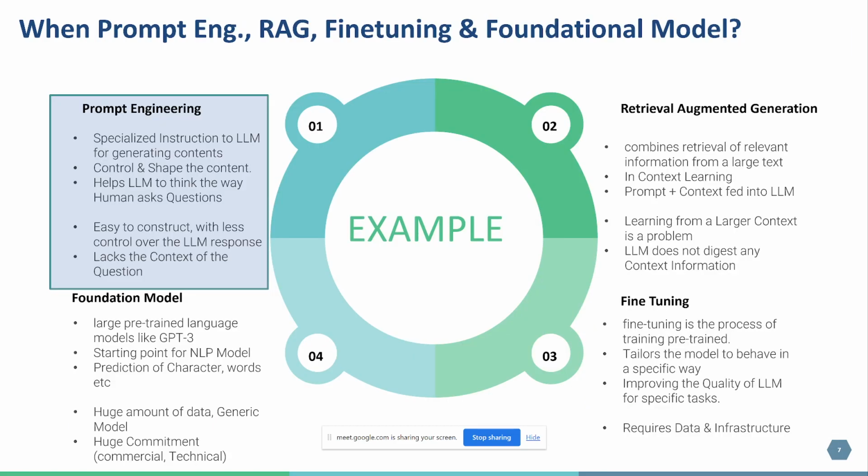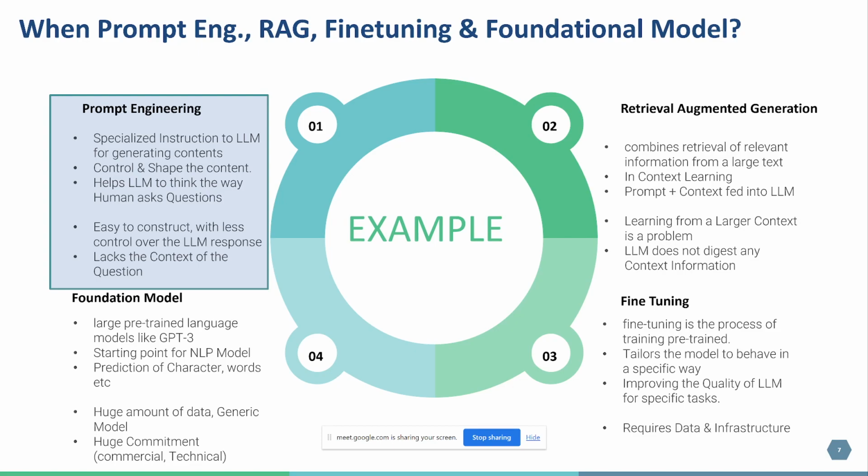Okay, so what are the key elements of generative AI or the model? We categorize LLMs into four categories based on their use case or based on some applications we can build on. The first one is prompt engineering.